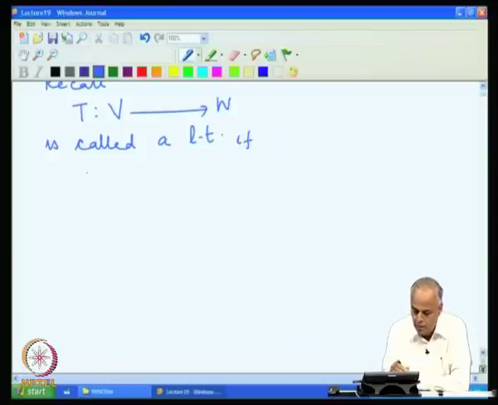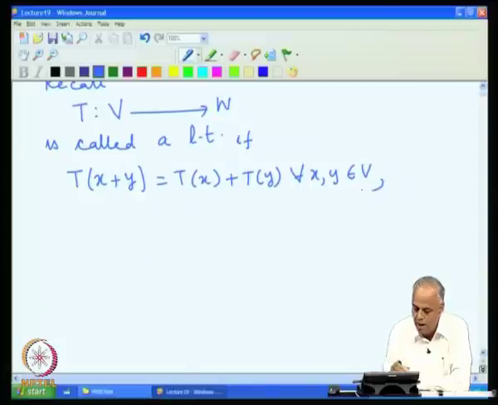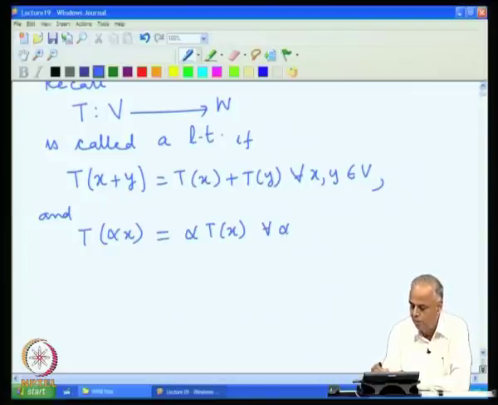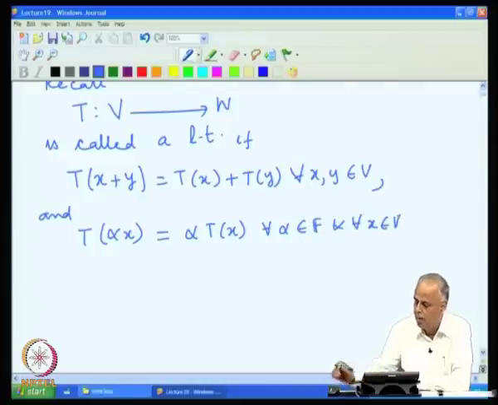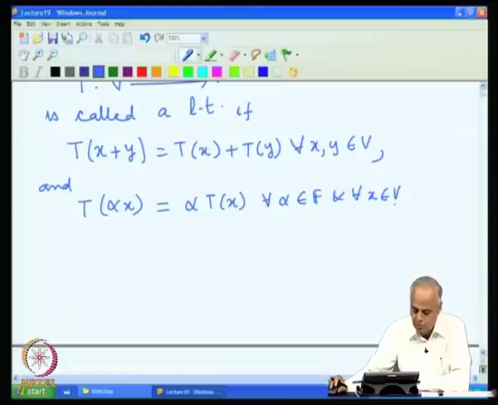It preserves addition: T of x plus y is T of x plus T of y for every x, y in V, and it preserves scalar multiplication: T of alpha x is alpha T of x for every alpha in F and for every x in V. Such a linear transformation is going to hold the key for our studies on the various questions that we raised.